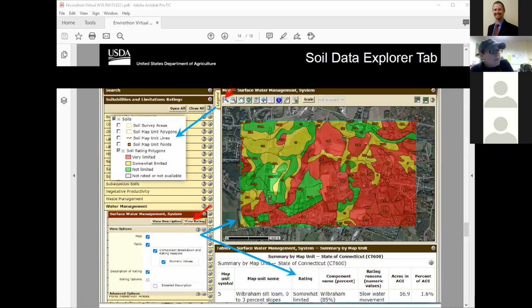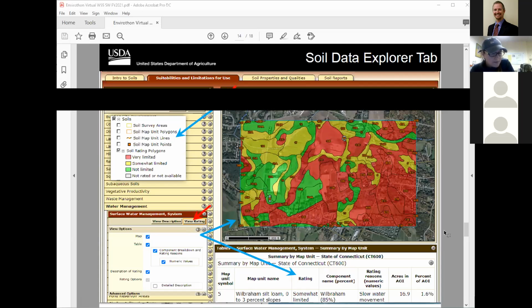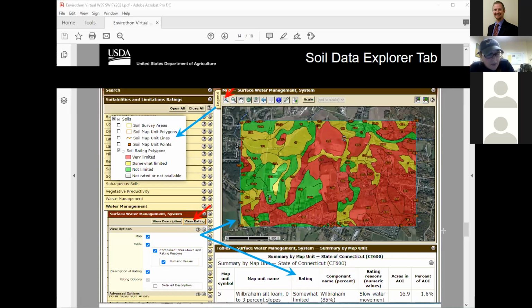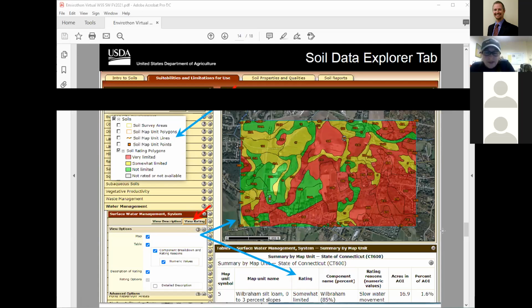And I hit view rating, it actually opened up my map and gave me a table below. If I hit the little legend tab, it can open up and I can actually see the soil ratings of the polygons. So can anybody tell me what is the rating of the red colored soil map units?